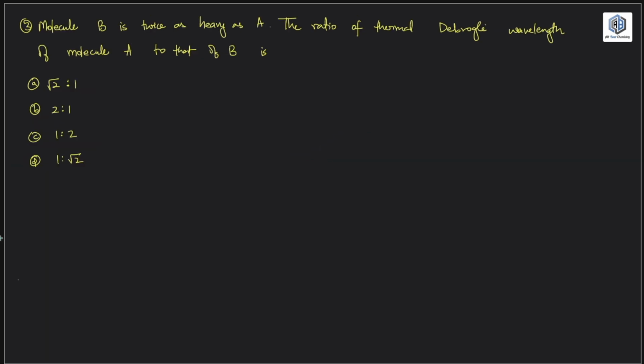All right, let's see the next question where it says that molecule B is twice as heavy as molecule A. The ratio of thermal de Broglie wavelength of molecule A to that of B is. So thermal de Broglie wavelength is given by lambda, and that equals h upon the square root of 2 pi m kBT.